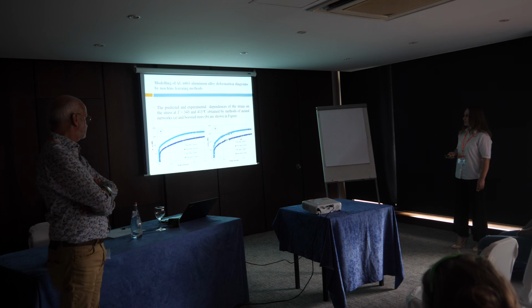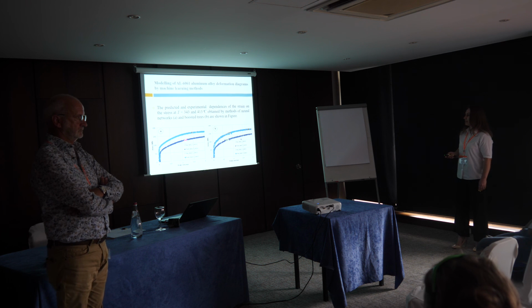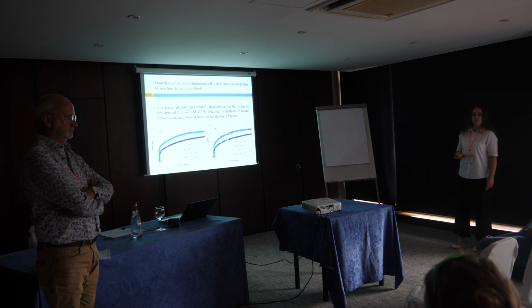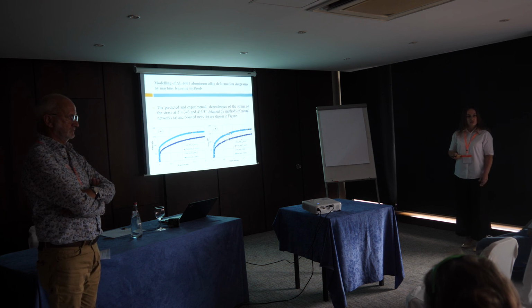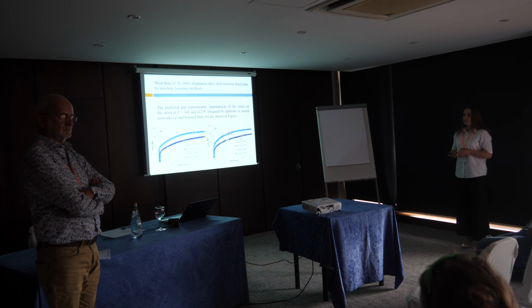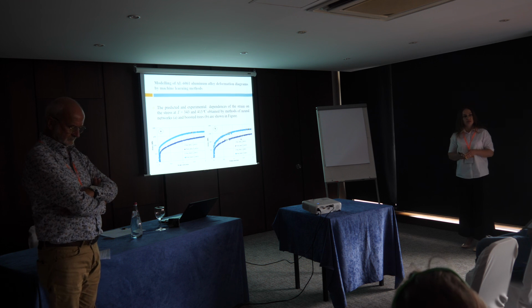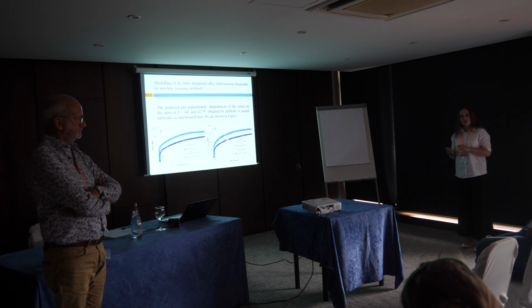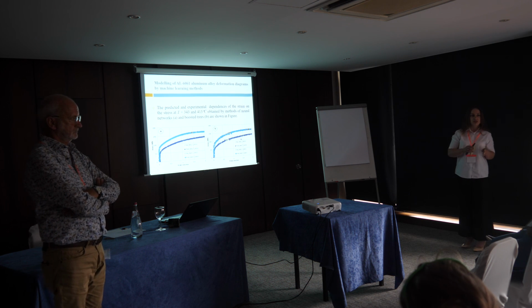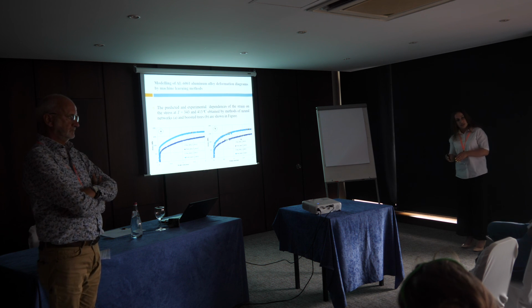So here you can see predicted data for temperature 343, and here you can see predicted data for temperature 413. But what can you do if you want to have the data for another temperature? So we can predict, for example, if we use a neural network and build some networks, we divide our database into unequal parts, training and test.